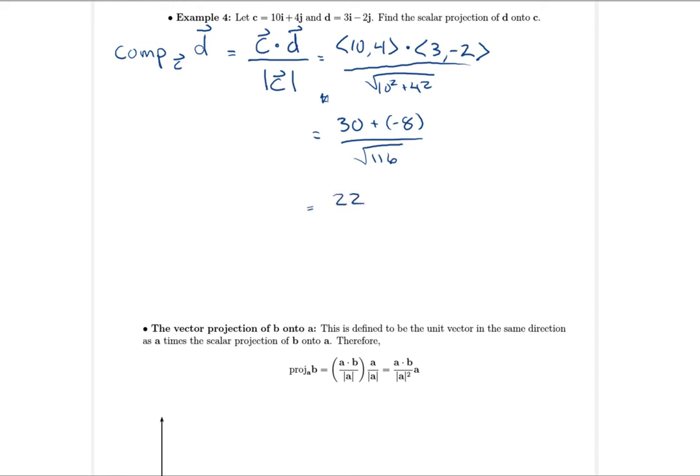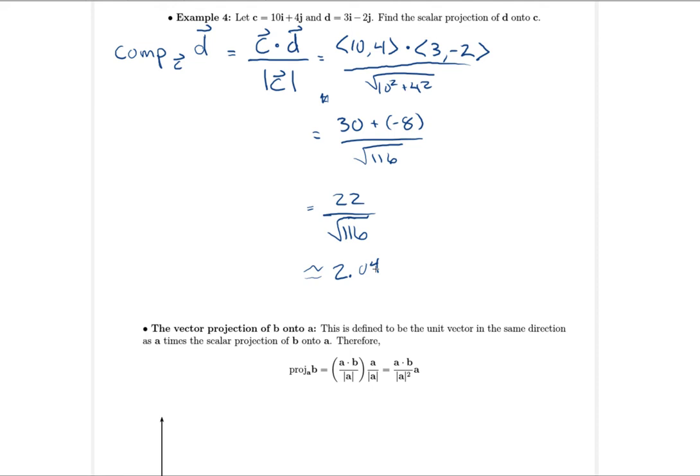So 22 over the square root of 116. And let's also get an approximation for this. So 22 over the square root of 116 is about 2.04. Okay, so let's understand what this means.